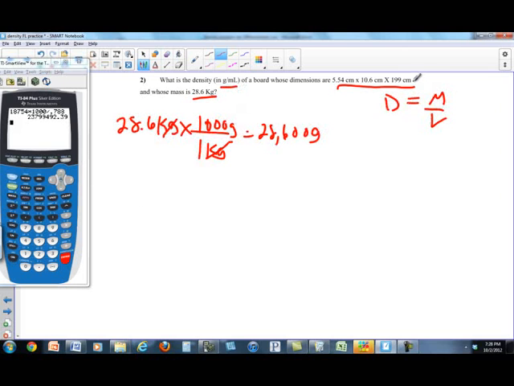I'm going to multiply this out, and if I do, I'm going to get 5.554 times 10.6 times 199, and I get 11,686. 11,686, and my units would be centimeters times centimeters times centimeters, which is centimeters cubed.